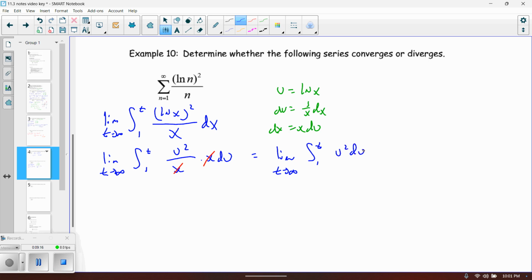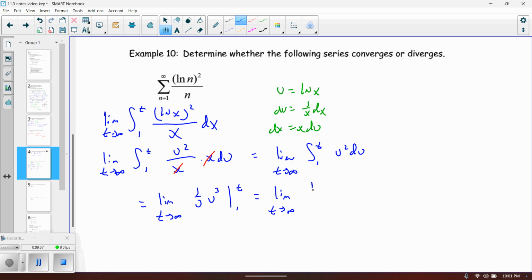This is a nice easy antiderivative. That will equal the limit as t goes to infinity of 1/3 u cubed from 1 to t. Again, those bounds are really not correct until we replace the u, which we're getting ready to do.